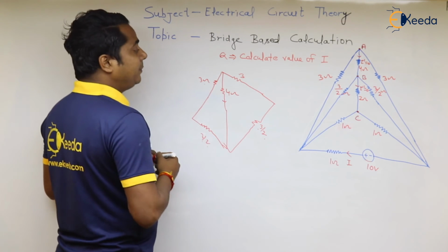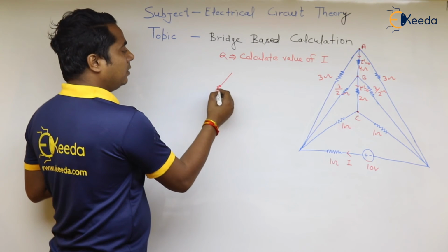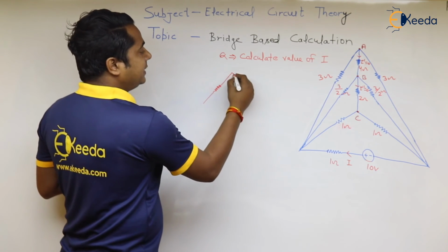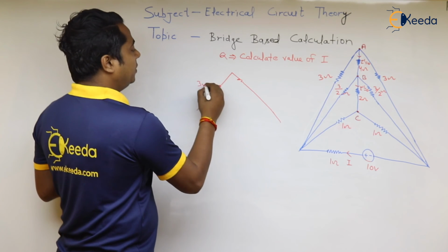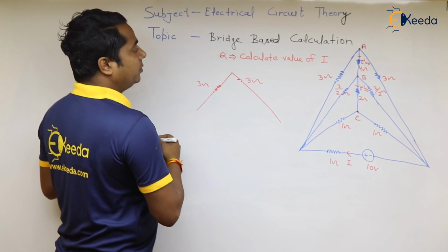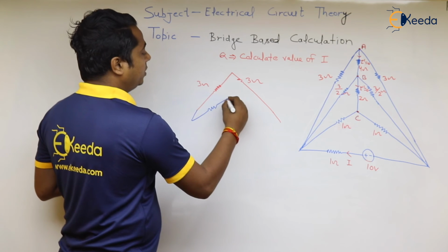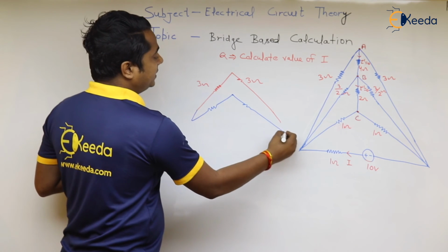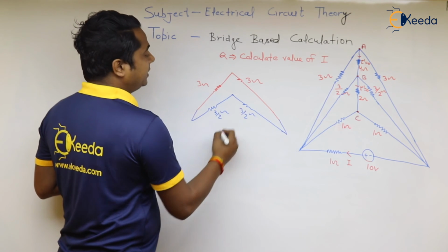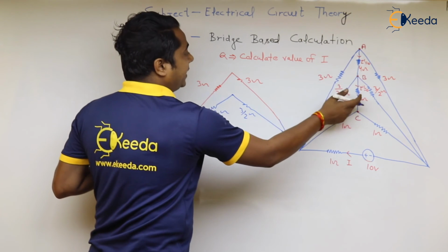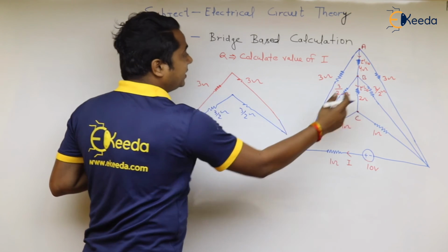So we can simply draw the circuit here. This 3 and 3 will be in series, 3 ohm, 3 ohm. Then 3 by 2 and 3 by 2 ohm are in series, because there will be no current in this, so we can remove this 4 ohm resistor and this 2 ohm resistor.